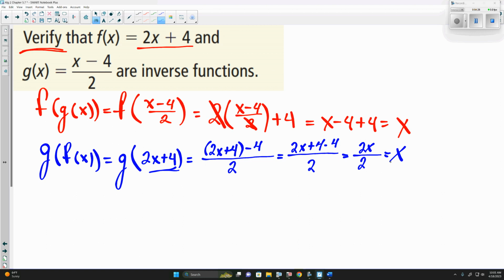So we have indeed shown that f of g of x is equal to g of f of x, which is equal to x. We verified that the two are indeed inverses.